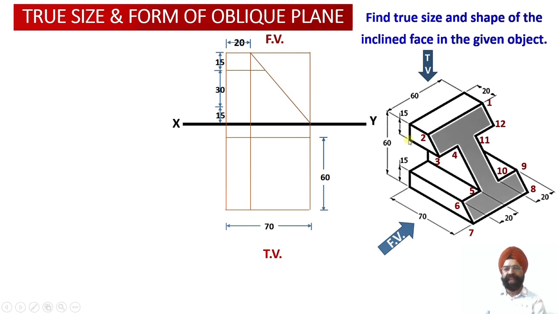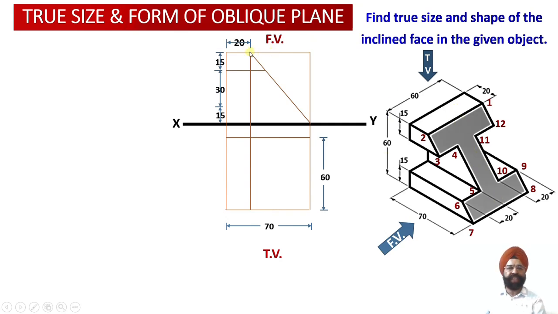So we can see that this projection starts from this point, which corresponds to this point in the isometric projection, and then from the front view we are going to obtain a horizontal line, and the length of this horizontal line will be obtained as per the construction in such a way that it will be terminating onto the edge view of this cut section over here in the front view.